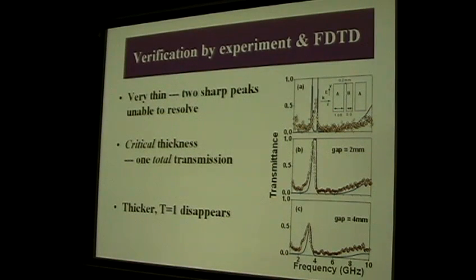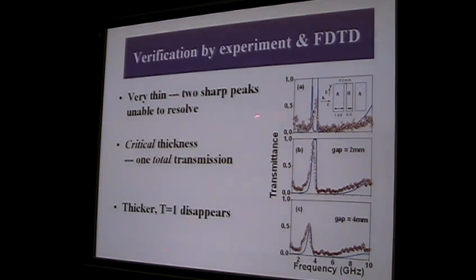Then we combine these two to form a symmetric AB layer. We first performed FD simulation, and we found indeed that in this situation we have two very sharp total transmission peaks. These two peaks merge together after a critical thickness, and then we do not have any total transmission at all.